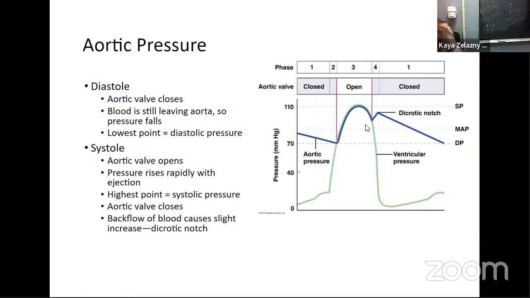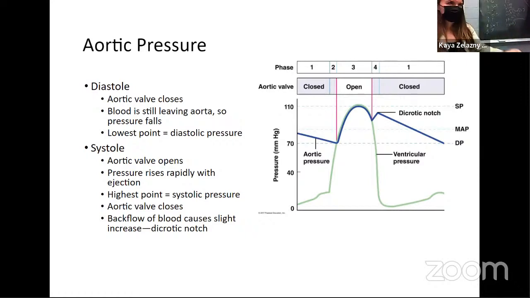Blood is still leaving the aorta, right? So the ventricles are relaxed at this point. The valve is closed because we don't want blood flowing back into the ventricles, but blood still leaves the aorta because we want blood continuously flowing out to your body. We don't want gaps in the blood, the oxygenation, the glucose going to all your tissues.